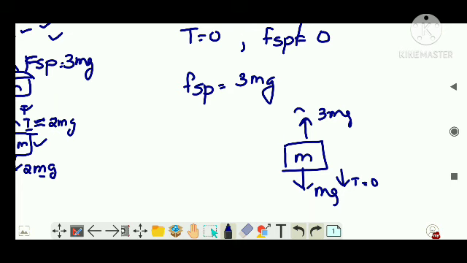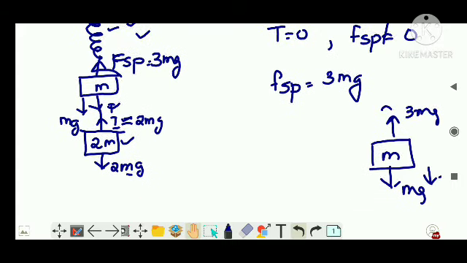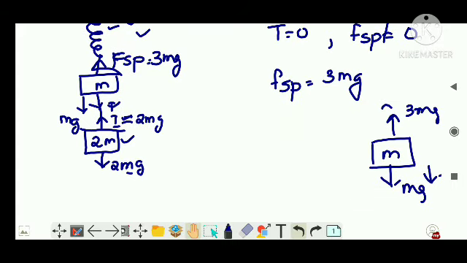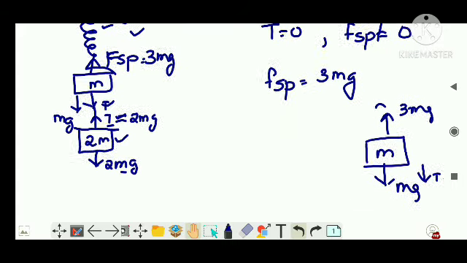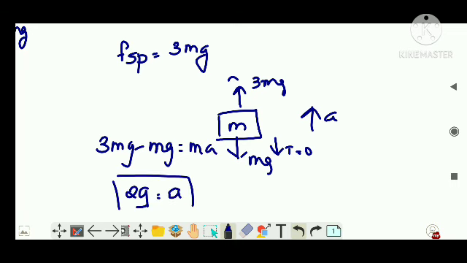Once this is cut, it is common sense, guys: the block 2m falls off, right? So what will happen to m? It moves up, so its acceleration will be in the upward direction. I can write 3mg minus mg is equal to ma. Clear? That is, 2g is equal to a, so the acceleration of the first block m is 2g, or 20 meters per second squared.